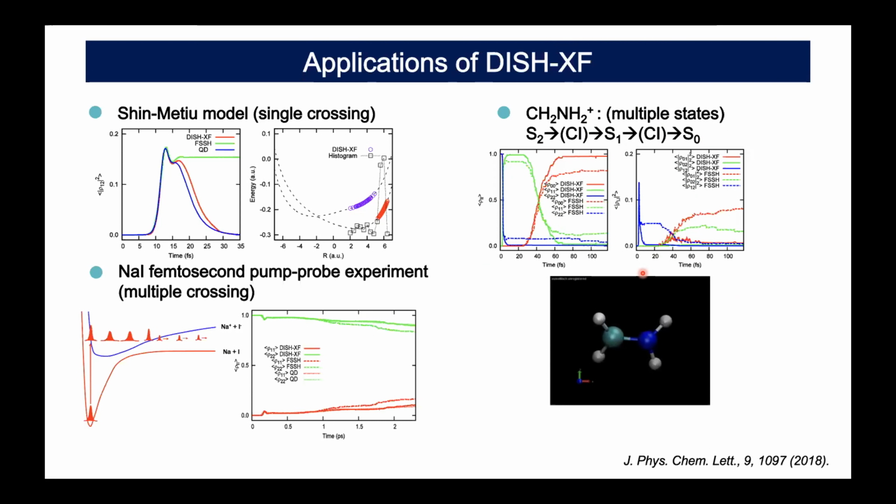Surface hopping dynamics gives two different results from these two quantities. This is called internal consistency. The conventional surface hopping doesn't provide the internal consistency. However, if we do the same thing with this algorithm, we can see the internal consistency holds every time. So this is one improvement of this algorithm.